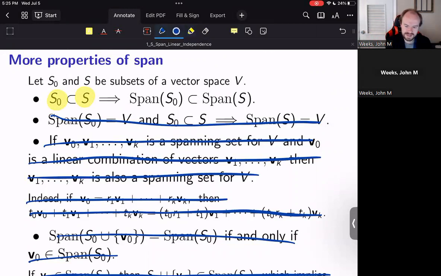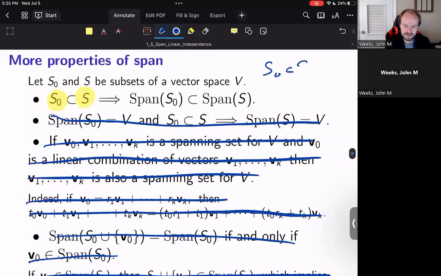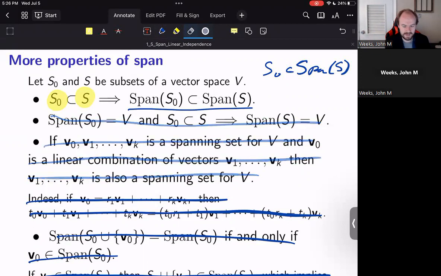S naught is certainly going to be a subset of the span of S, because that's going to contain the set S. And hence we can take the span of the left-hand side and remain in the span as well, thanks to our discussion at the previous slide. So we know that we can basically take spans of both sides and get the same subset relation.